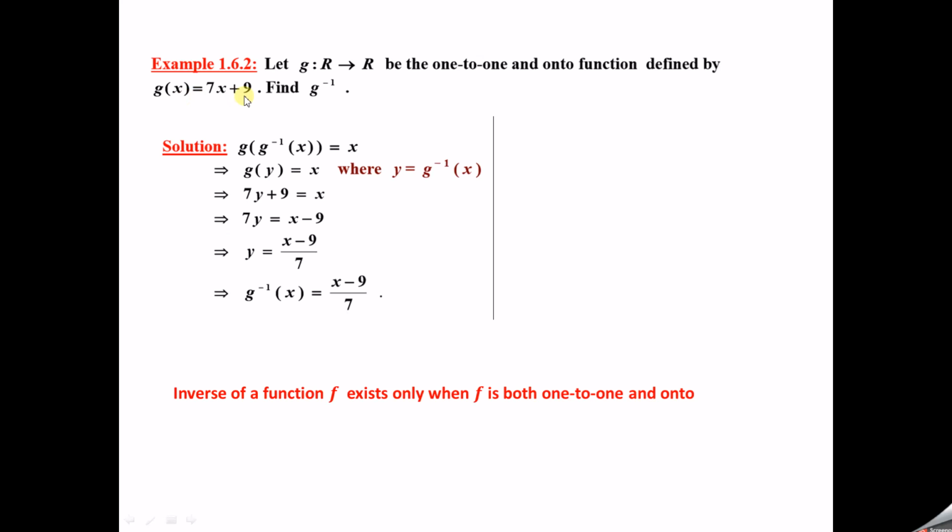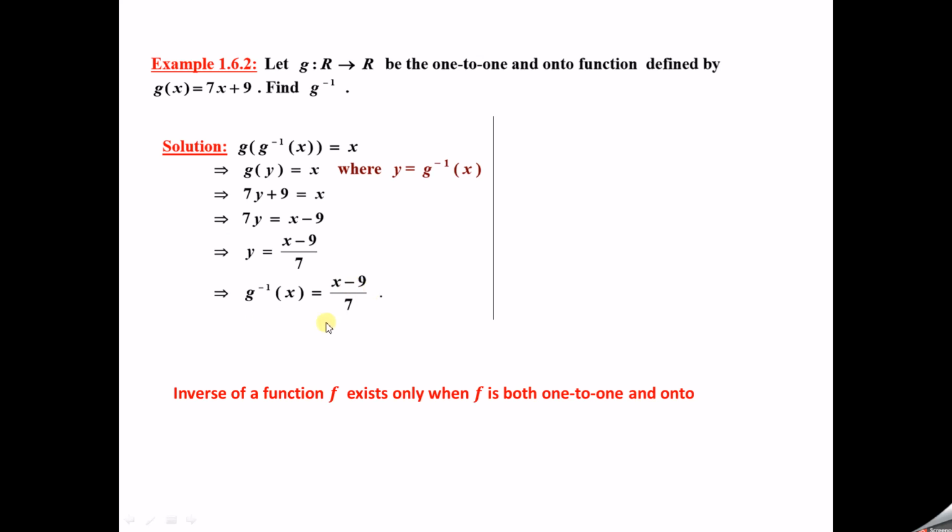If we observe, in the g function we are multiplying x with 7 and we are adding 9. Whereas in the g inverse function, we are dividing by 7 and we are subtracting 9. So in g we are multiplying, in g inverse we are dividing by the same 7. In g we are adding 9, in g inverse we are subtracting 9.